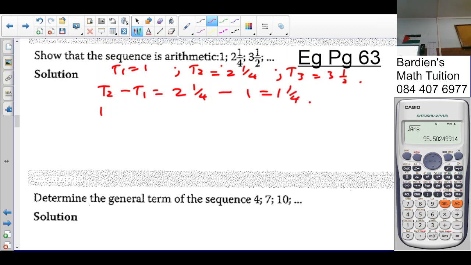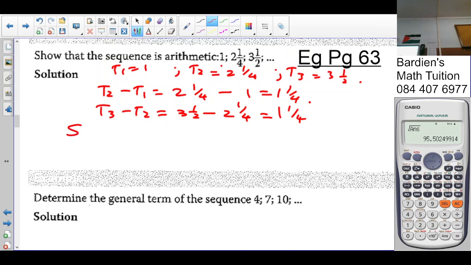So now T3 minus T2. So it's going to be 3 and a half minus 2 and a quarter. Work that out. So what do you get? 5 over 4, which is 1 and a quarter. Not so? So what do you notice?